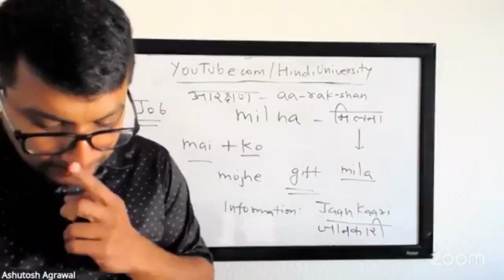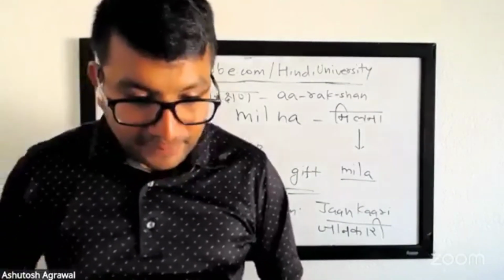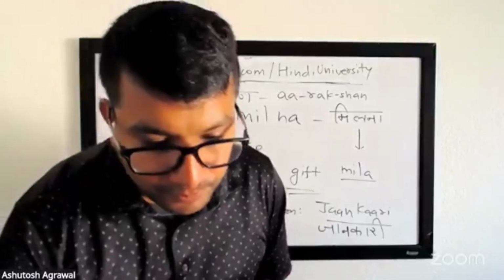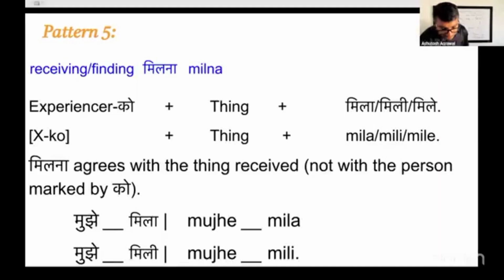Okay, so any questions? I know we have 8 more minutes and I want to wrap it up. If it feels slightly rushed, bear with me. But the pattern number 5 is really experiencer को something मिला, मिली और मिले.